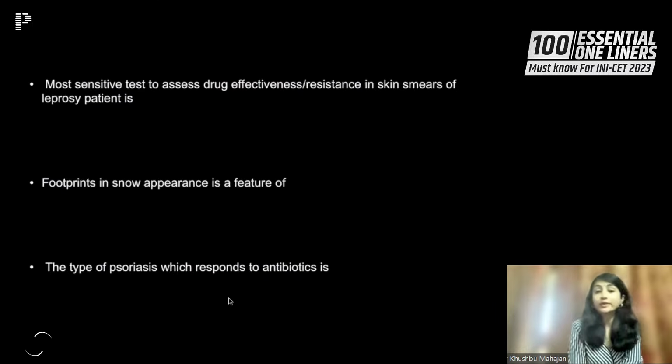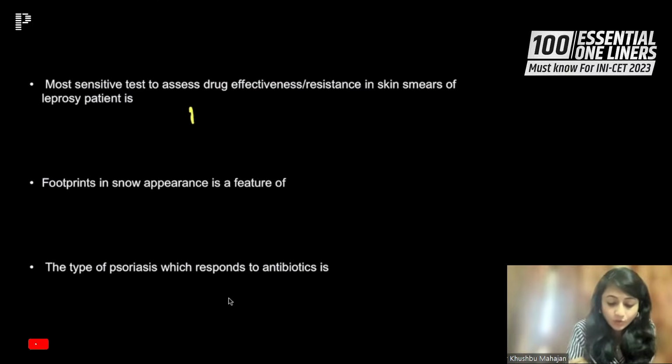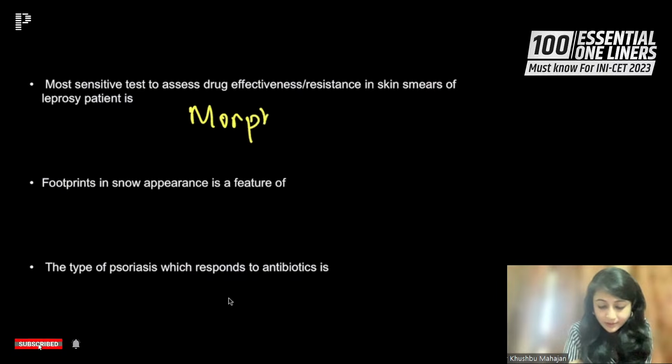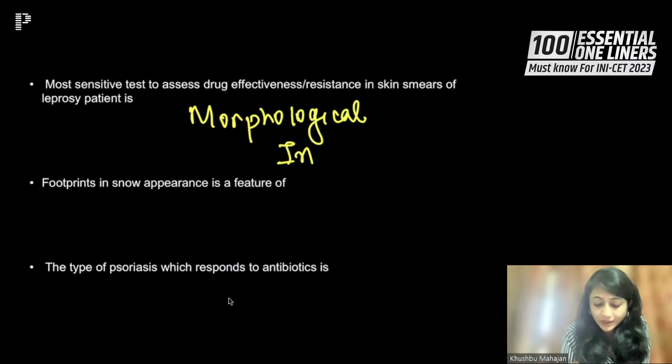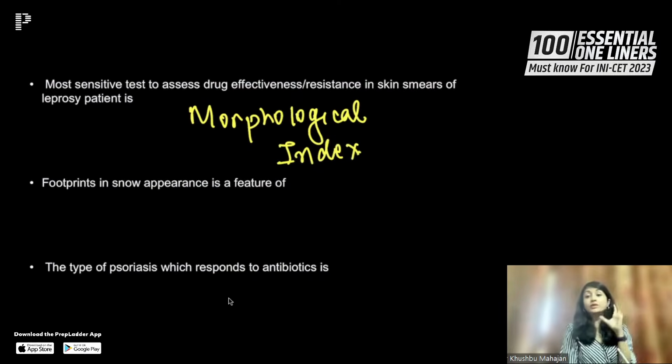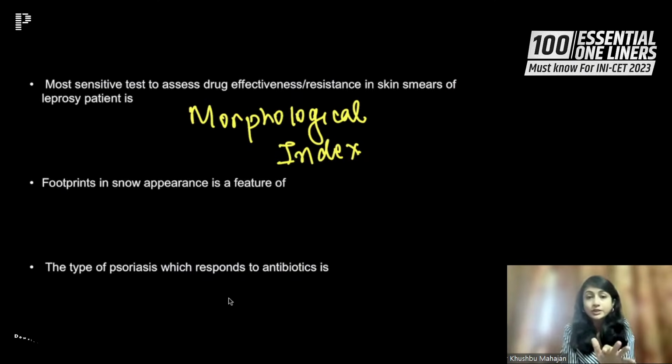What is it? Come on. It is the morphological index. Lepromin test will just tell me about the CMI, whether it is tuberculoid leprosy or lepromatous leprosy. It is a delayed type hypersensitivity reaction, which is kind of obsolete now.